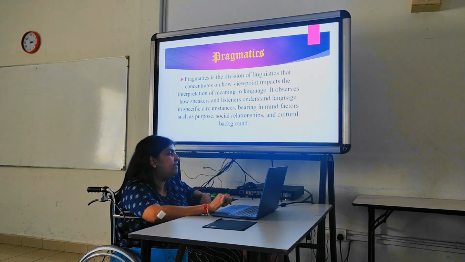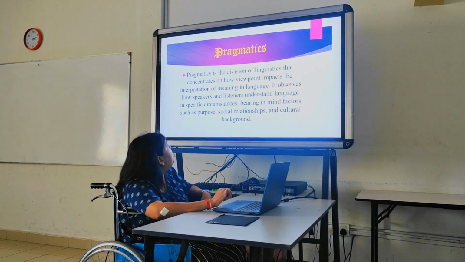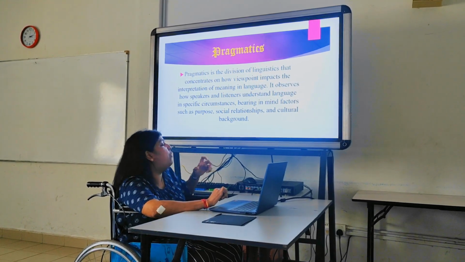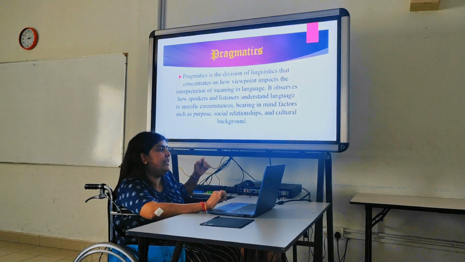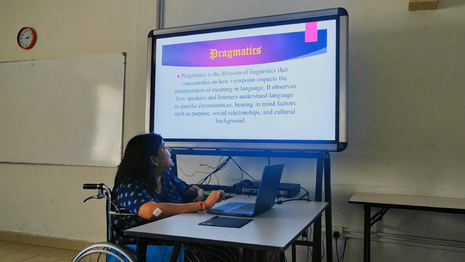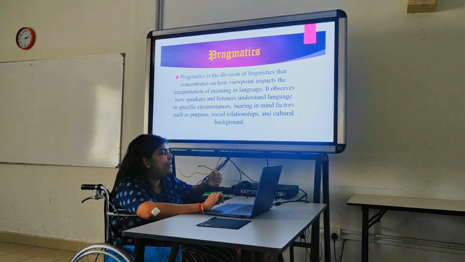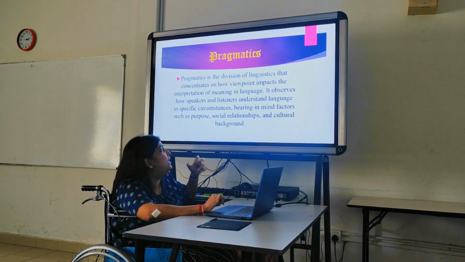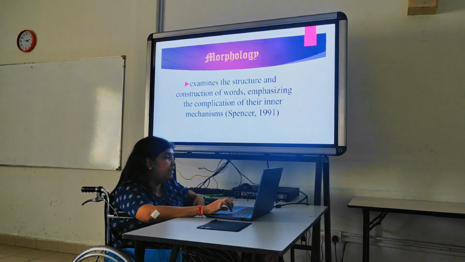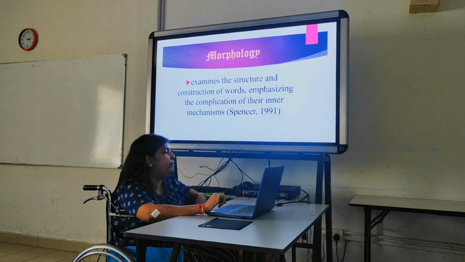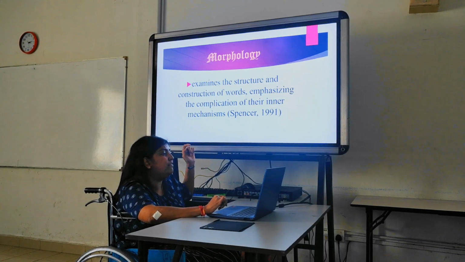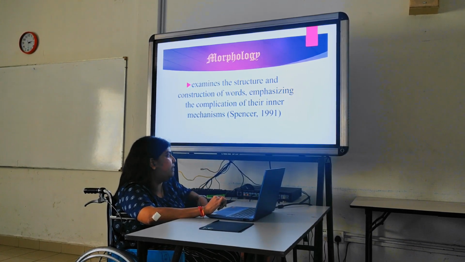Whereas pragmatics is a division of linguistics where it gives importance to the viewpoint of the speaker and the listener. It concentrates on how we interpret the meaning, how we understand the meaning of the word or the sentences that are used. The third language form is morphology, where morphology gives importance to the structure and the construction of the words.